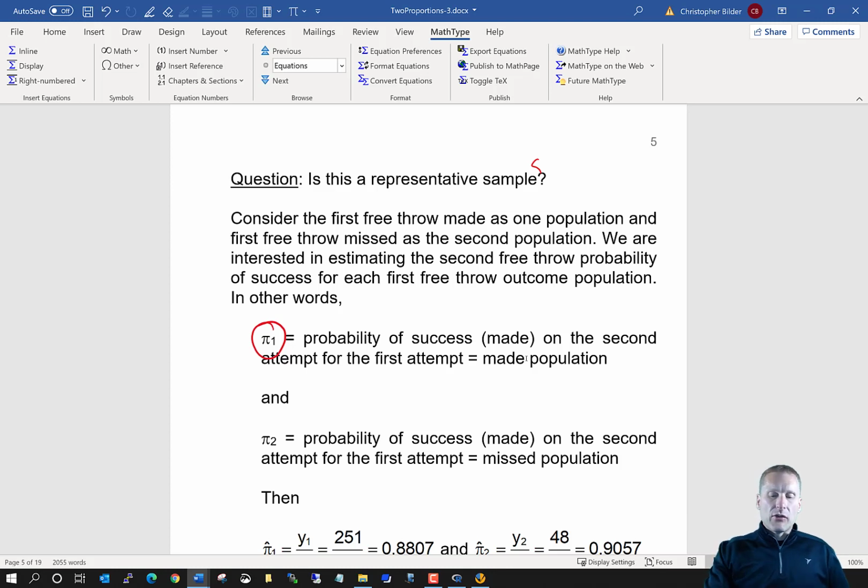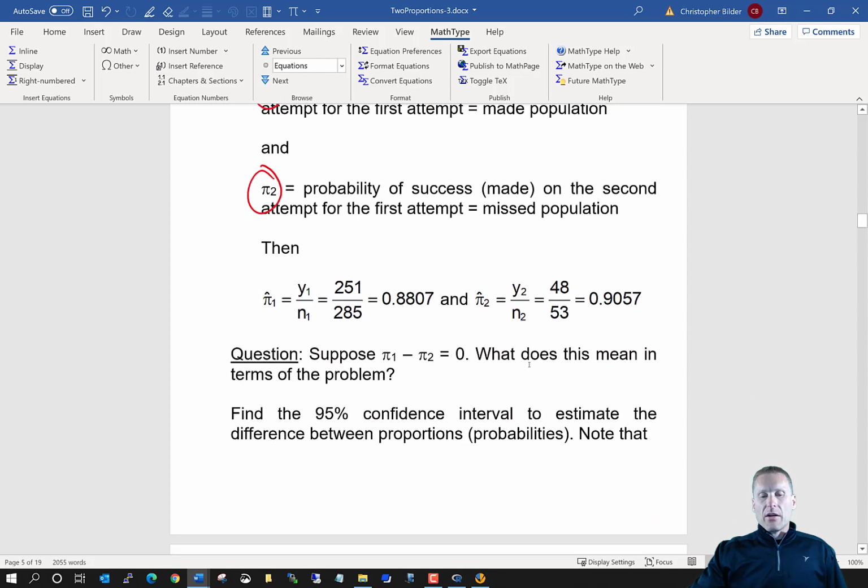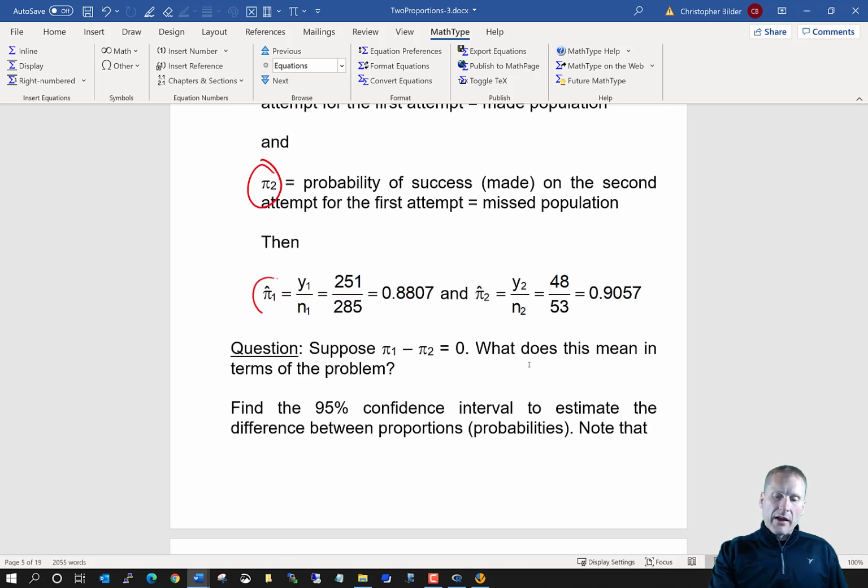We're going to let pi2 be the probability of success on the second attempt again, but now for the first attempt equal missed. Okay. So with that, we can now calculate the corresponding estimated proportions, pi hat 1 and pi hat 2. So pi hat 1 is 0.88, pi hat 2 is 0.9057.